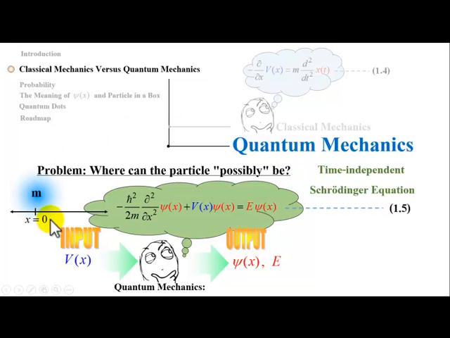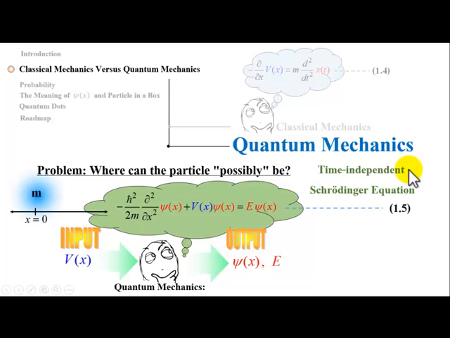It begins with the information about what is influencing the motion of the particle, represented by the potential energy V of x. This input goes into the equation called the time-independent Schrödinger equation, as shown. The word time-independent means that the differential equation does not involve the variable t, indicating the time.